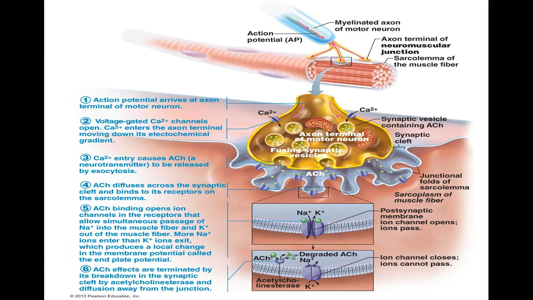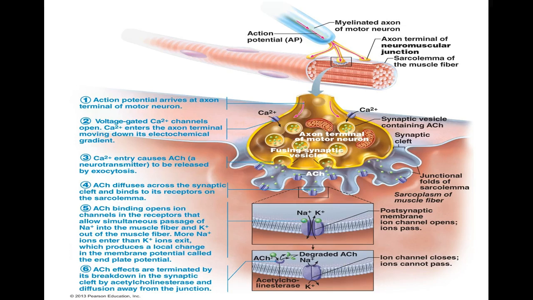So that action potential reaches the point where the nerve comes very much in close contact with the sarcolemma, but doesn't touch the sarcolemma. So you have nerve system, you have muscle system. Two different types of tissue, two different systems. They don't touch each other.